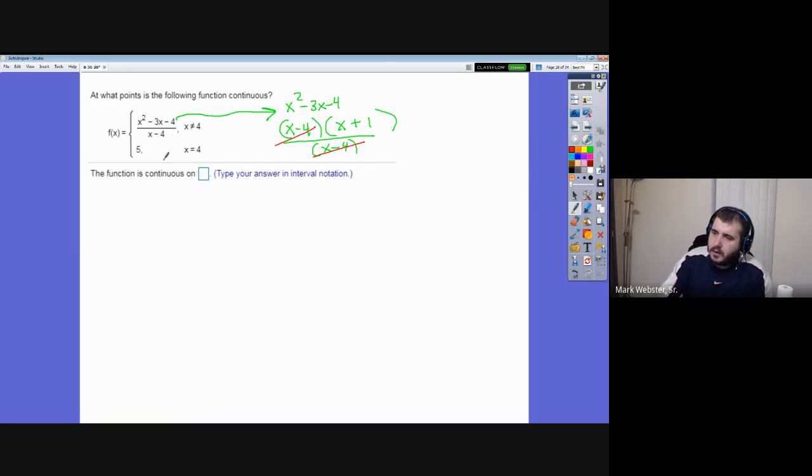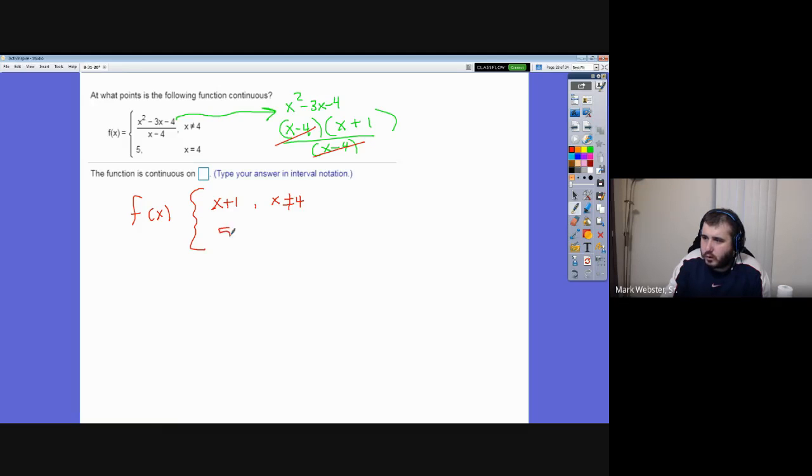So when you've got something like this, just break it down real quick and rewrite it. Now we know that it's x plus 1 everywhere except 4, because it's not allowed to be 4, right? Because there's a hole there. And when it's not x equals 4, then we can use x plus 1 as our answer.